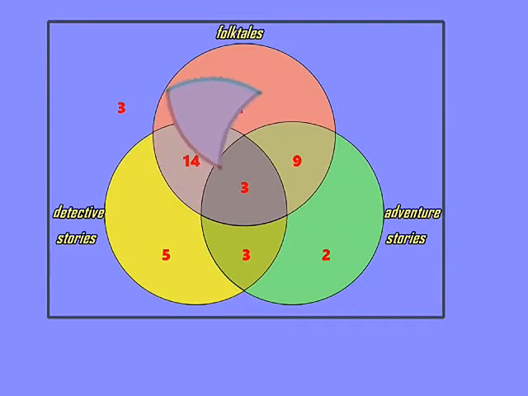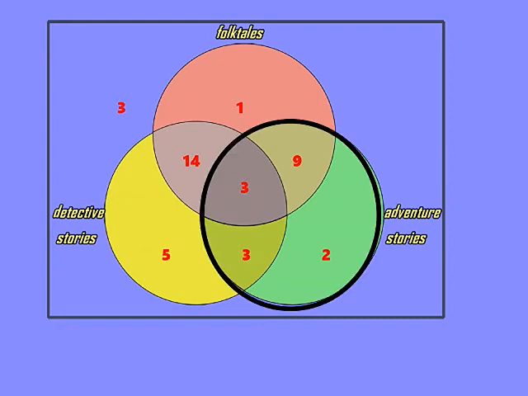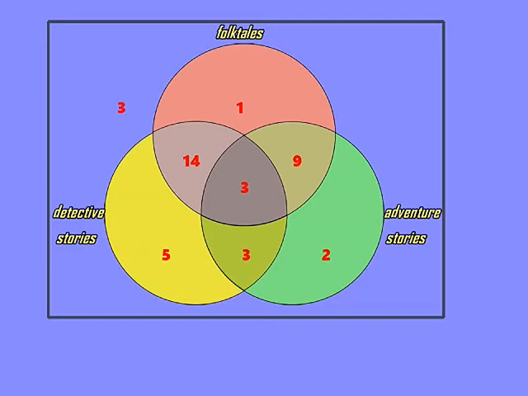This section is common to both detective stories and folk tales, but it does not have any connection with the adventure story set. That means this section shows pupils who like to read detective stories and folk tales only. We use and only when describing this section.